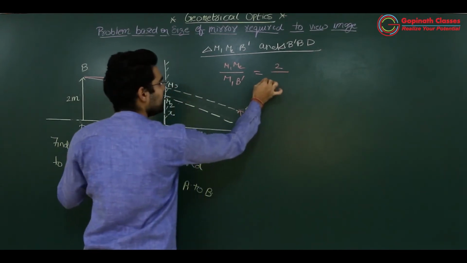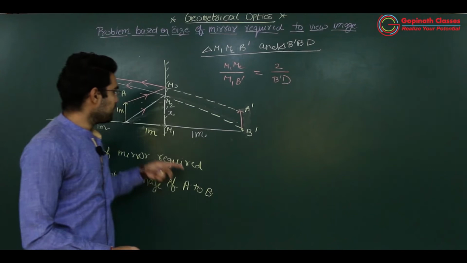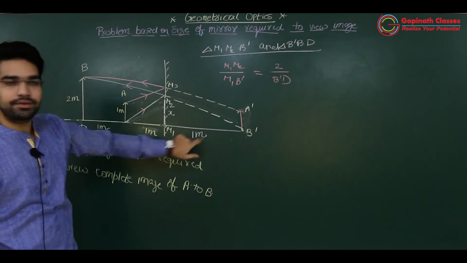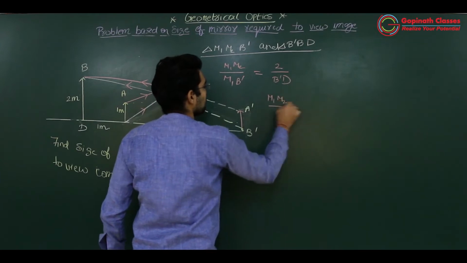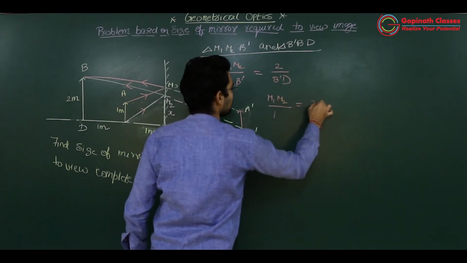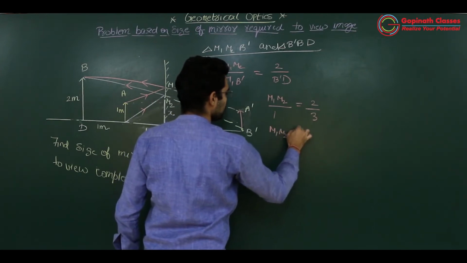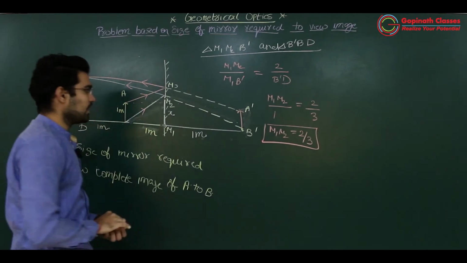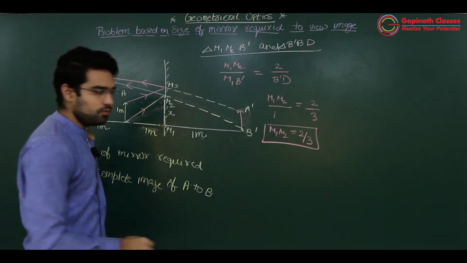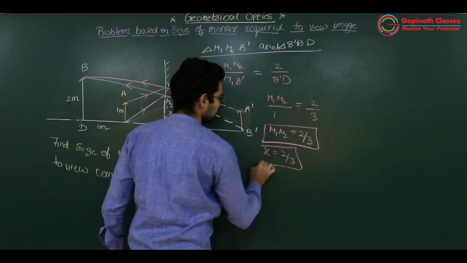That is B dash D. M1, M2 we have to find. M1, B dash is 1 meter. So M1, M2 is equal to 2 by 3. So this height x is equal to 2 by 3.